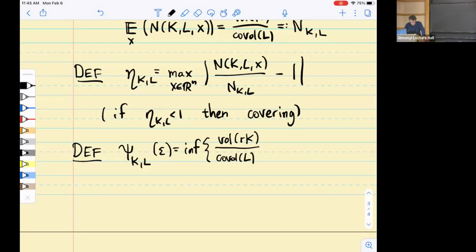So the denominator is typically 1. And instead of saying covering, we want to make sure it's smooth covering. We want to make sure that this eta KL is less than epsilon. Say some 1%. You don't have to worry about this epsilon. Maybe it's just 1%.